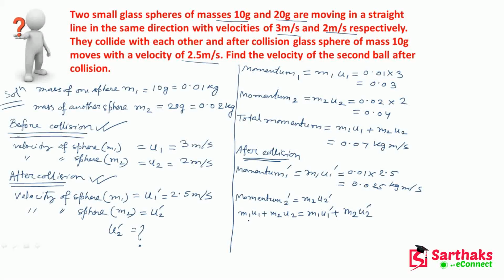So if we substitute all the values, m1 u1 plus m2 u2 is how much? That is 0.07 kg meter per second.